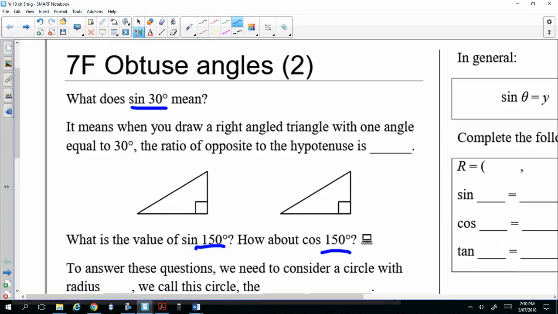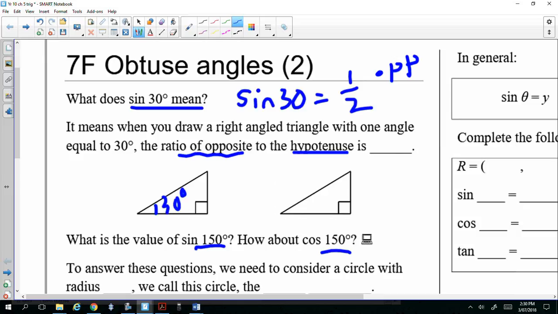Now, we just did the Kahoot. What is sine 30 equal to? 1/2. Excellent. Now, what does that really mean for a right angle triangle? It means that if you draw a right angle triangle with an angle of 30 degrees, the ratio of opposite to the hypotenuse is 1:2.